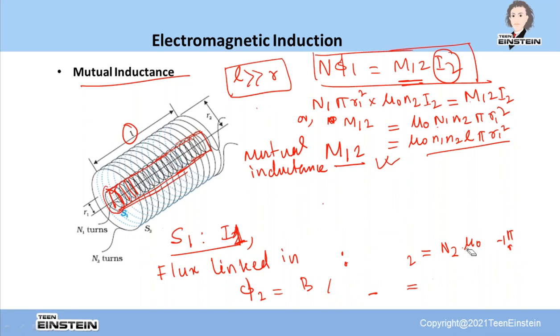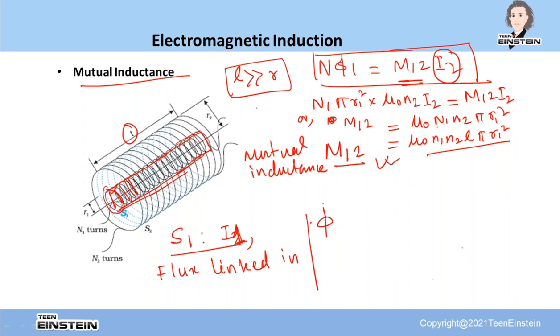So we are finding out the flux linked in S2. As I explained, the flux linked in the area of S2 will be equivalent to the area of S1 itself.